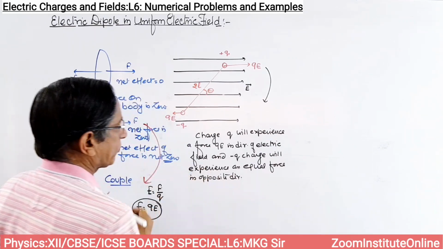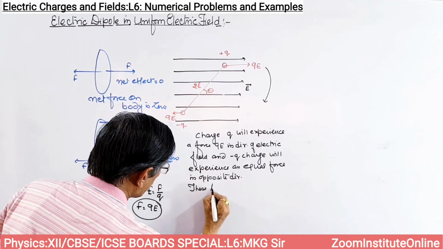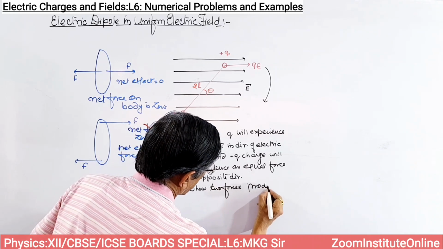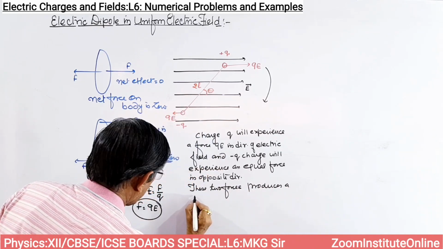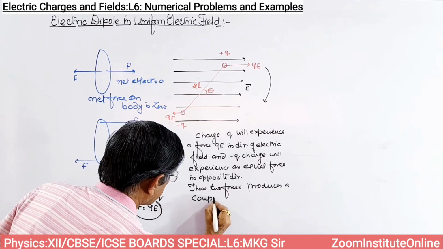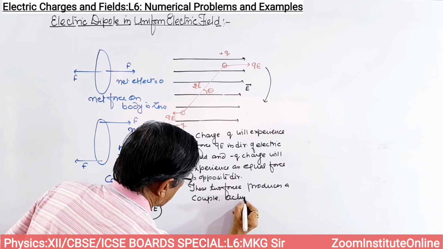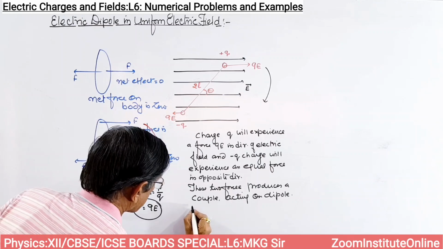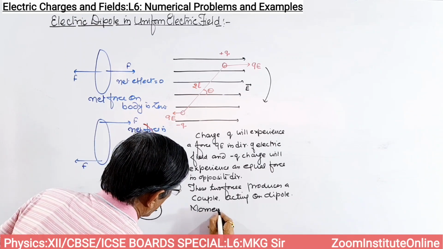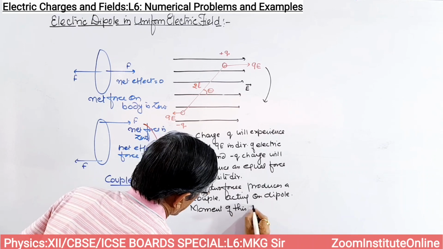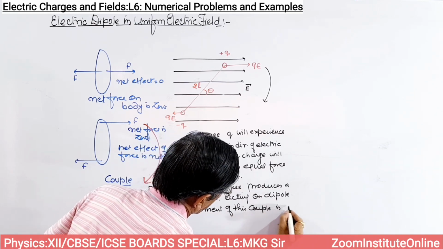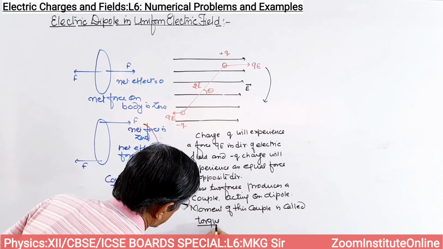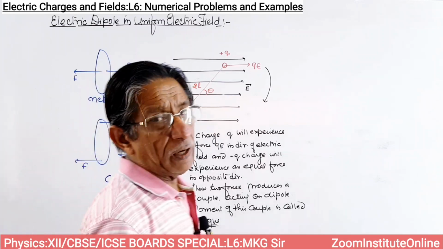Opposite direction. These two forces produce a couple acting on dipole. Students, moment of this couple is called what? Torque. Moment of couple is called torque.